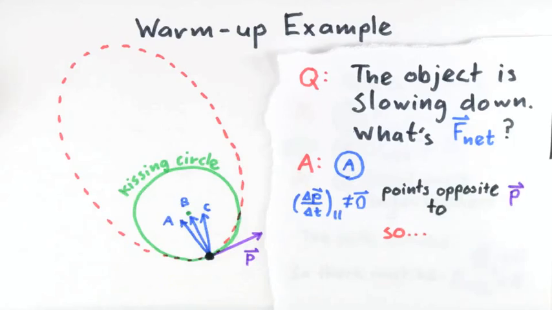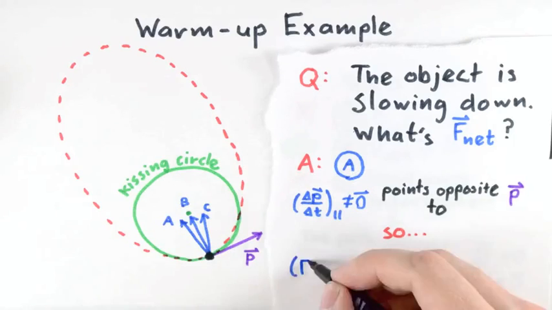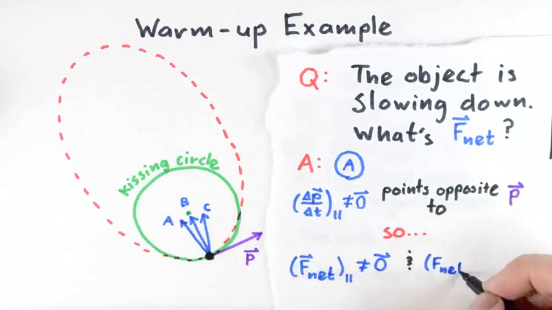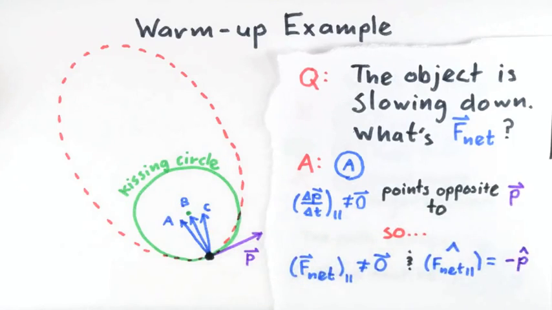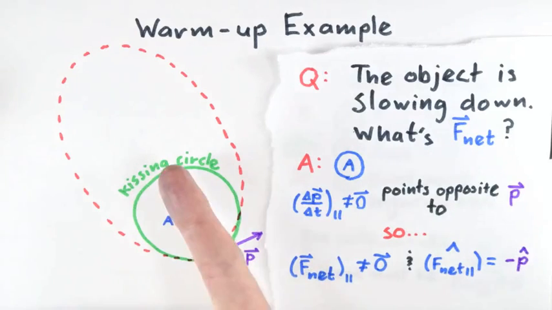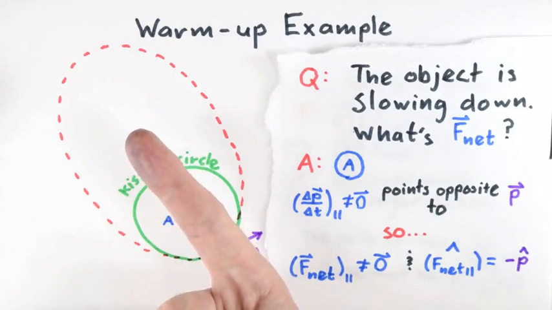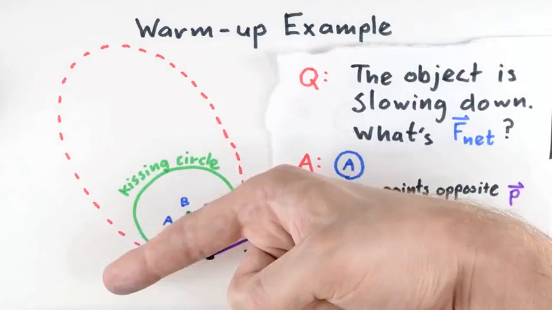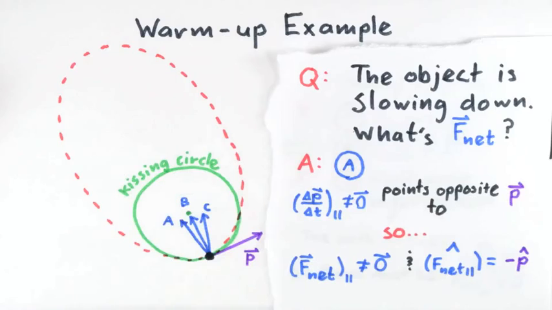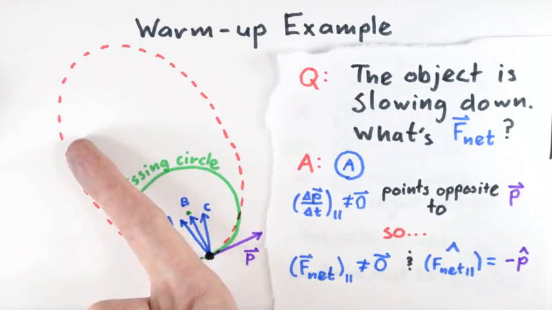There must be non-zero total interactions, F net parallel, pointing in the same direction. Putting all this together, we know that F net perpendicular points toward the center of the kissing circle, and F net parallel must point something like this, so F net, which is the vector sum of these, must point something like this. So this is the correct choice.